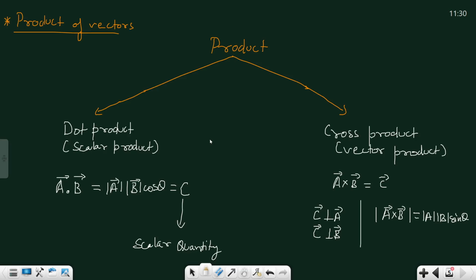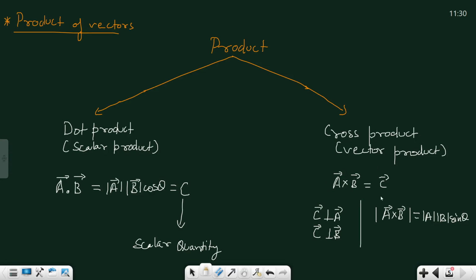Right now you may not fully understand what is dot product and what is cross product, but this is part of physics. Work done is a scalar, because work is a scalar. What is the formula of work done? Force into distance. That is the dot product, because force is a vector and displacement is also a vector, but when you multiply force with displacement in a dot manner, you will get a scalar quantity.